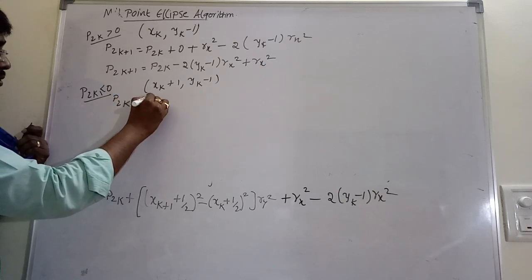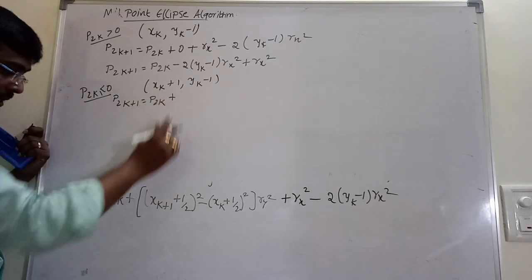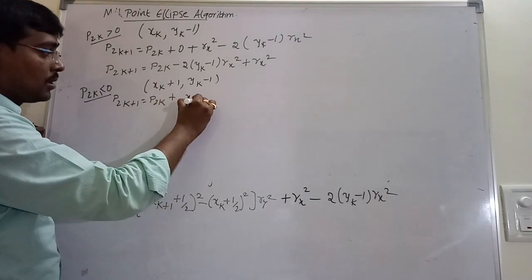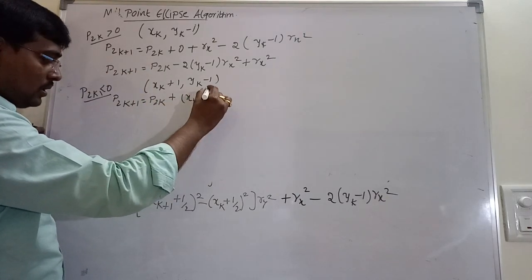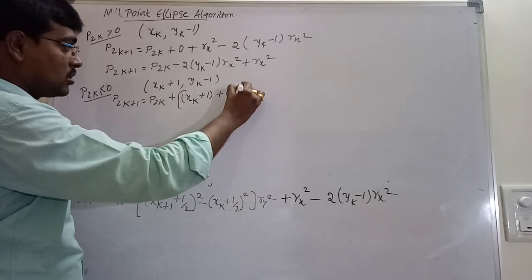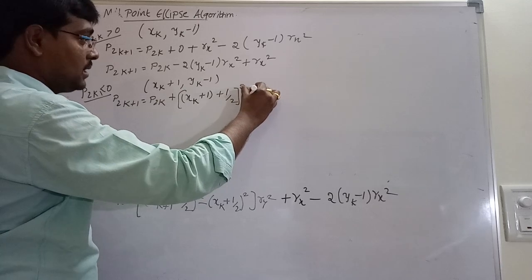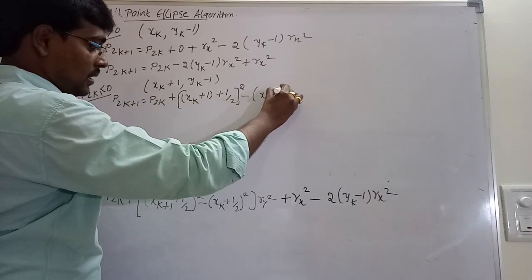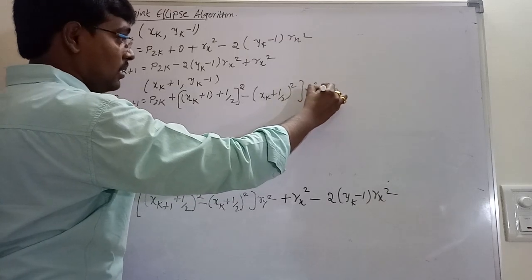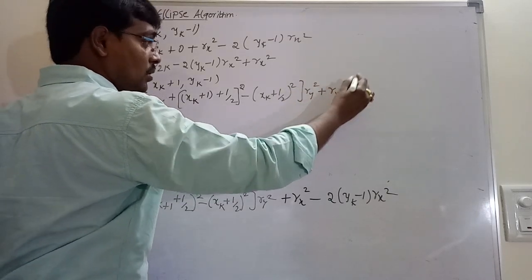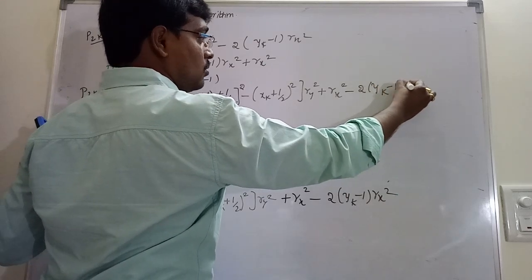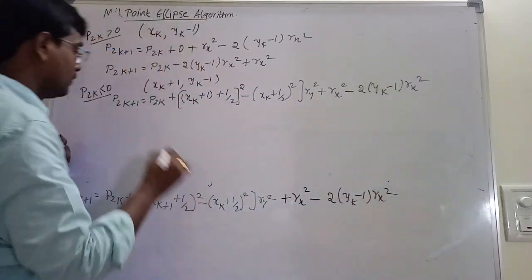P2k plus 1 is equal to P2k plus, where xk plus 1 value is xk plus 1, that means (xk plus 1 plus half) whole square minus (xk plus half) whole square into ry square plus rx square minus 2 into (yk minus 1) into rx square.